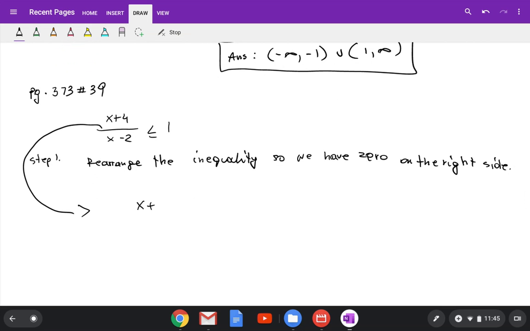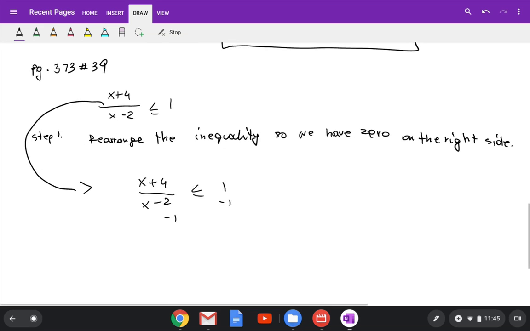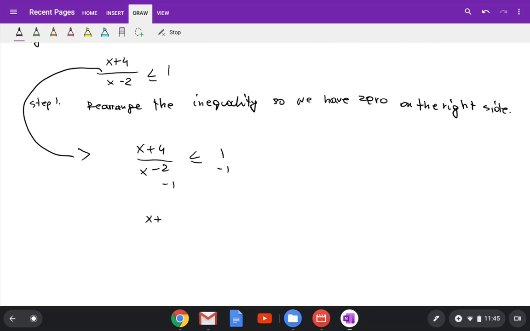So we have x plus 4 over x minus 2 less than or equal to 1. Subtract 1 from both sides. And we're getting x plus 4 divided by x minus 2 minus 1, which is the same as 1 over 1, less than or equal to 0.